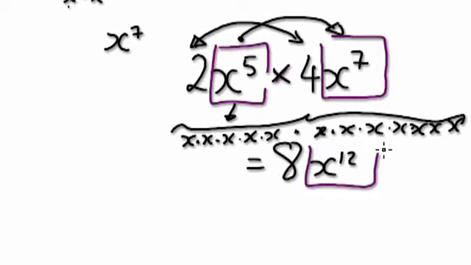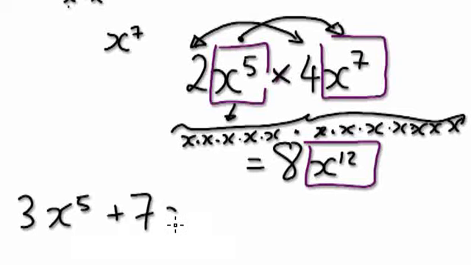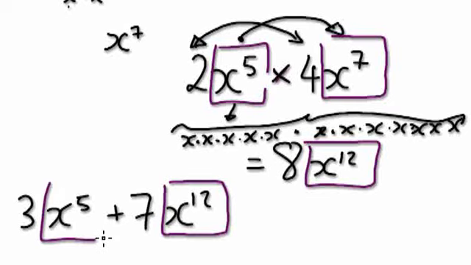Okay, now this is a new entity, so you can't add it to x to the power of 5, say. So like if you have 3x to the power of 5 plus 7x to the power of 12, well, this is different from this. So you can't add the two, but you can times.